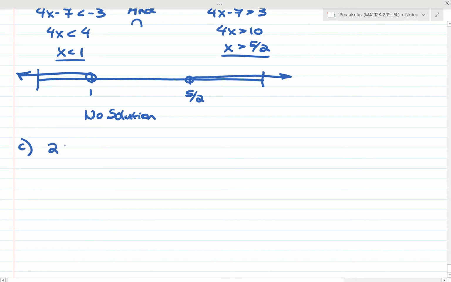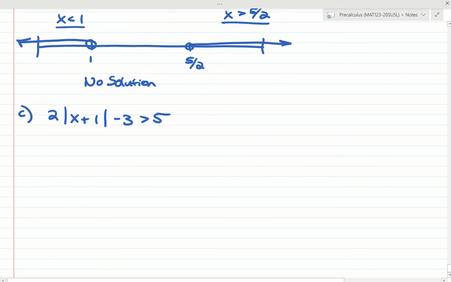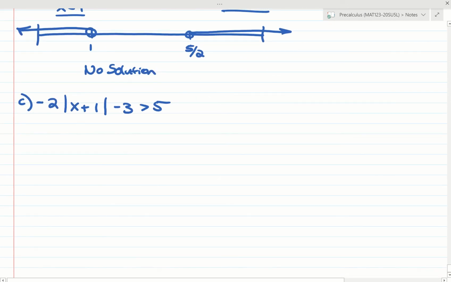What if we said 2 times the absolute value of x plus 1 minus 3 is greater than 5? Let's actually even maybe put a negative in front. So -2 times the absolute value of x plus 1 minus 3 is greater than 5. Well, we can't say it's an or right away. We always have to isolate the absolute value first.